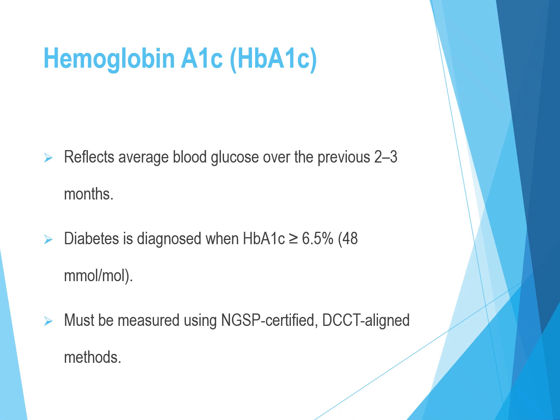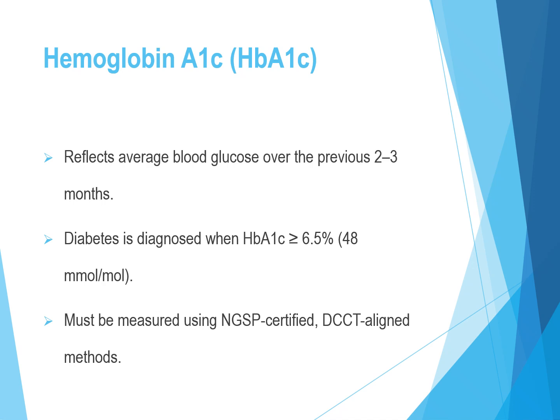A 50-year-old patient has borderline fasting glucose of 112 milligrams per deciliter and a 2-hour OGTT of 198 milligrams per deciliter. The clinician orders an HbA1c, which comes back at 6.7%. This confirms diabetes and provides evidence of sustained hyperglycemia over months rather than an isolated abnormal glucose reading.